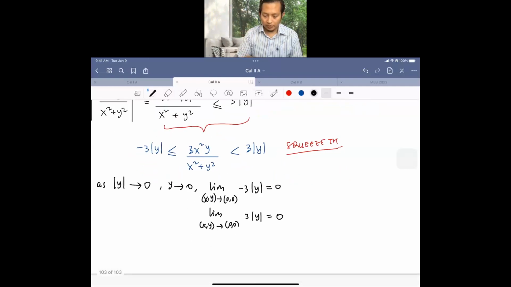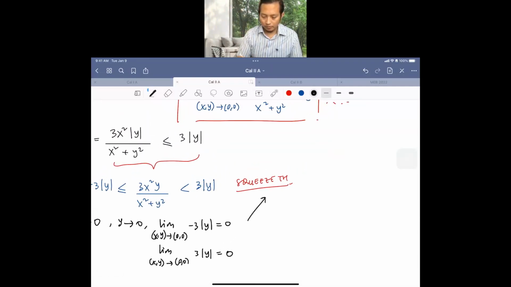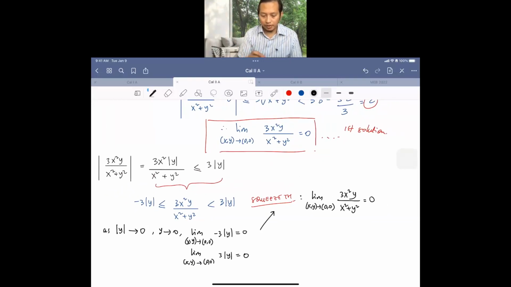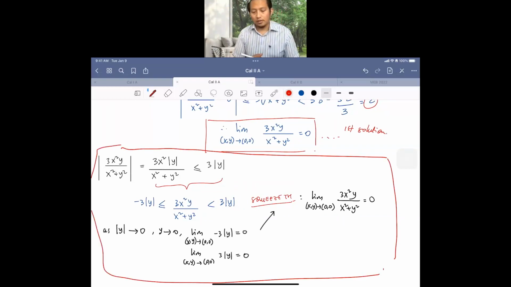And by the squeeze theorem, we say that the limit as (x, y) goes to (0, 0) is equal to 0. I think the squeeze theorem here shows you that when you have a clear inequality, it's easy to analyze logically, right? The squeeze theorem.